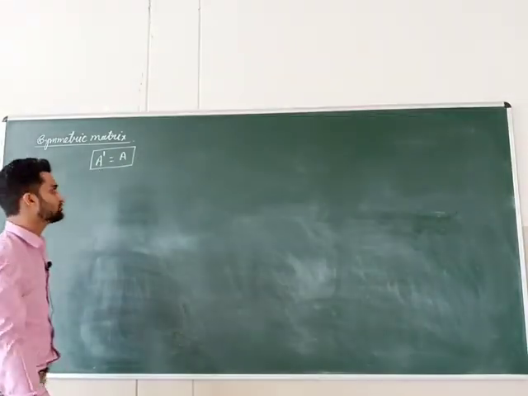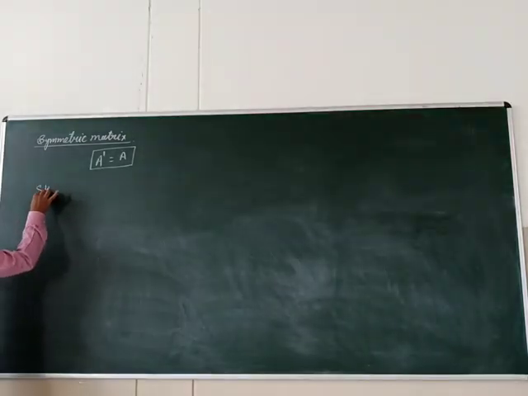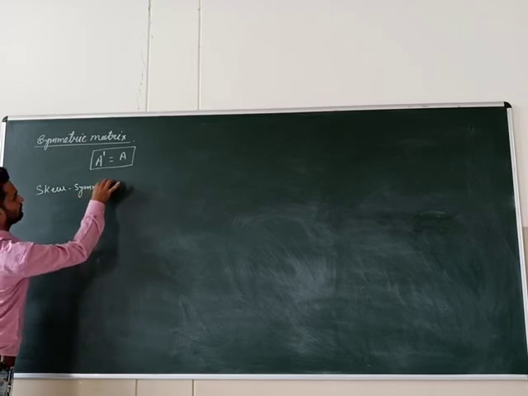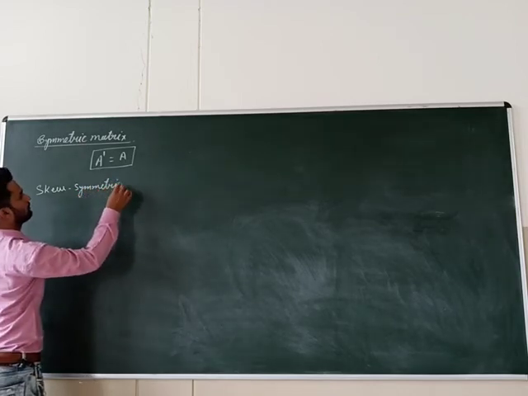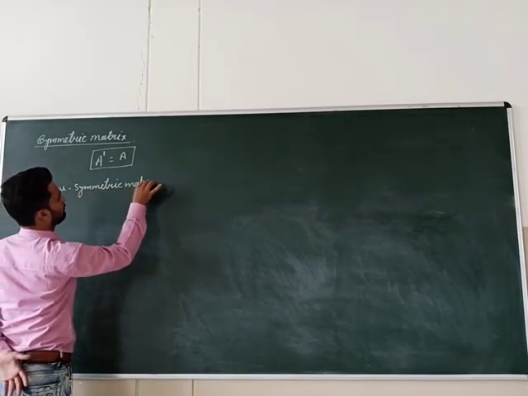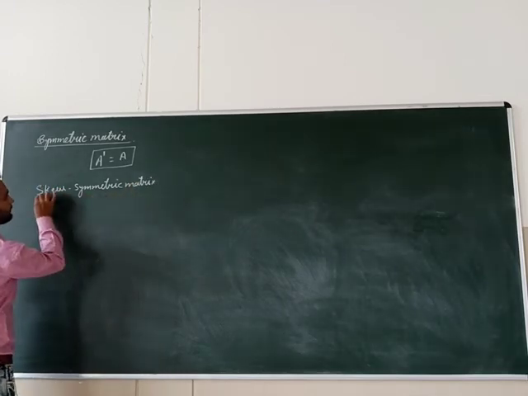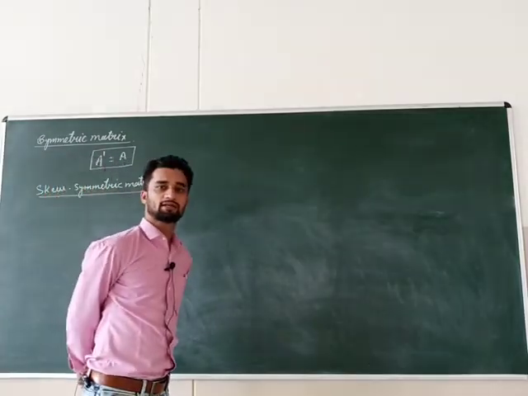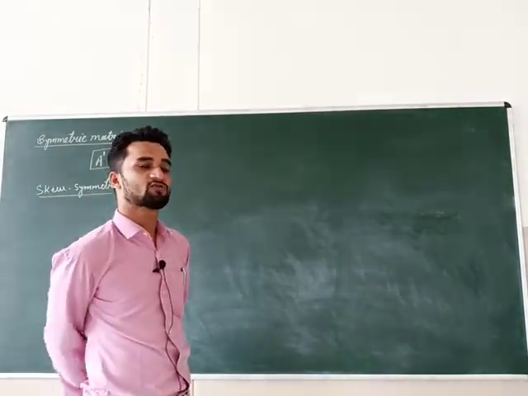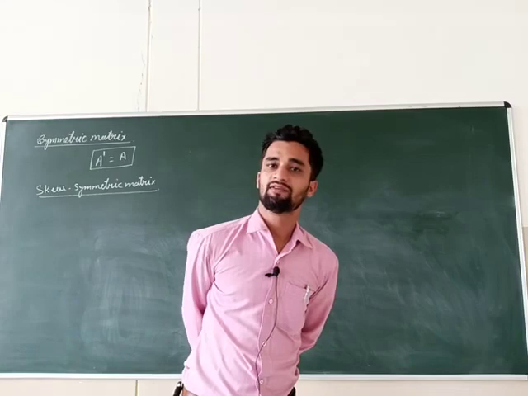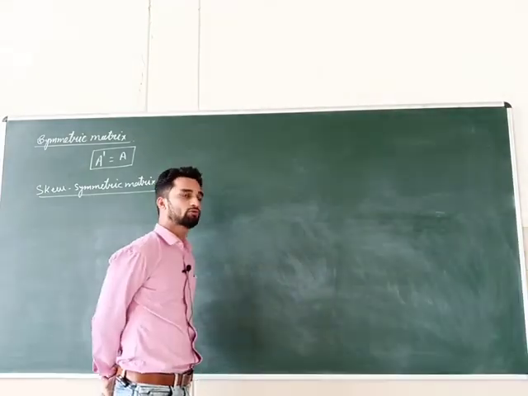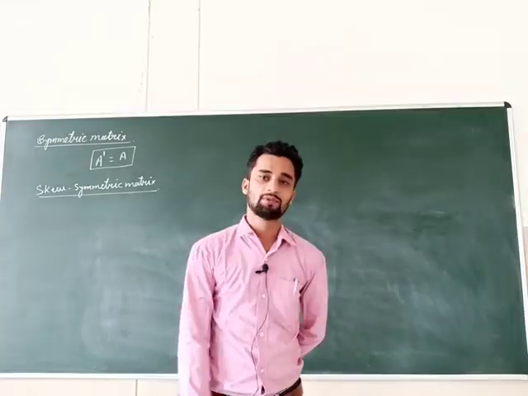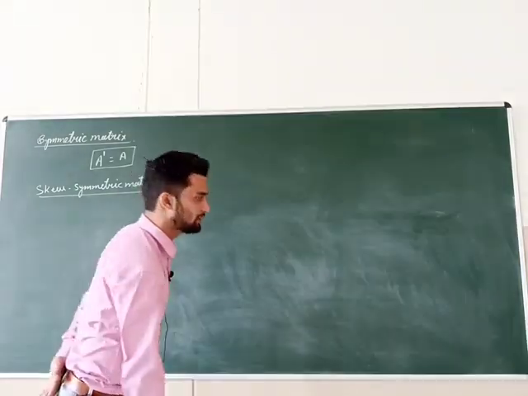And now the skew symmetric matrix. Like a symmetric matrix, in a skew symmetric matrix, if we find the transpose of a given matrix and it comes out equal to the negative of the given matrix, then that matrix is known as a skew symmetric matrix.